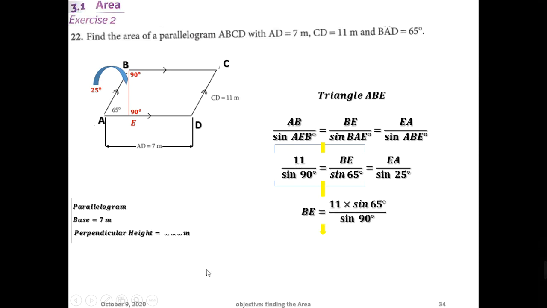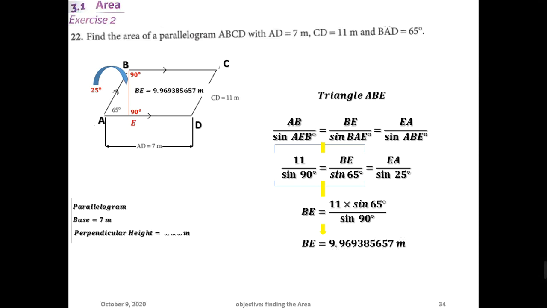So side BE is equal to 11 times sine of 65 over sine of 90. If you put this in the calculator, you're going to end up with BE equal to 9.97 meters, correct to three significant figures.